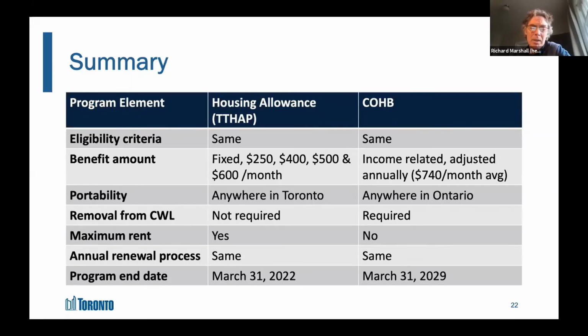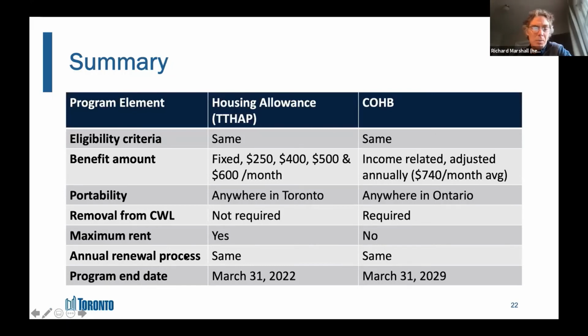It's possible that your combination of income and rental amount will result in a $0 benefit. But even if that does happen, the household can remain in the program for up to 2 years, because if any of those elements do change, the benefit can be adjusted. So there's not actually a maximum rent that's been set.